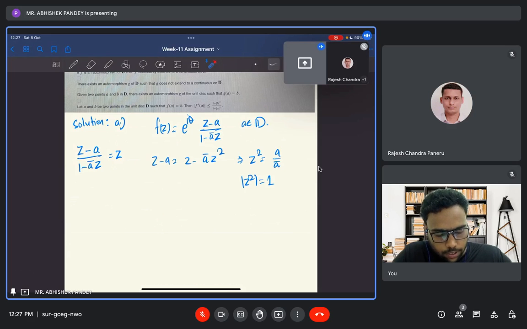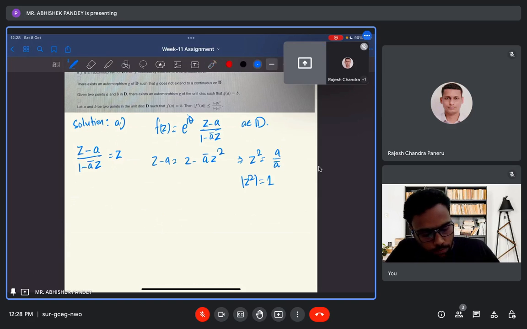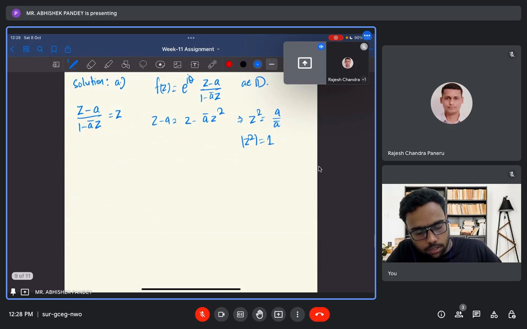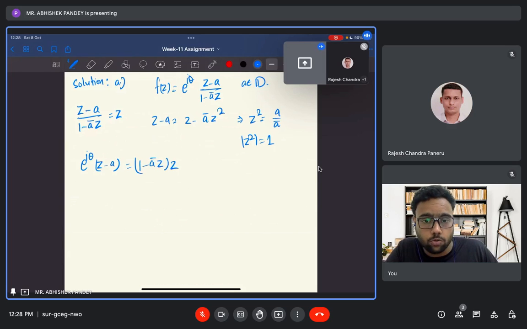So the idea is you have to take a suitable theta so that this will have a fixed point. In general you can see that e to the power i theta times (z minus a) equals z minus a bar z squared. Look at this equation.